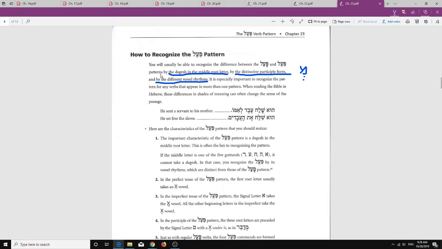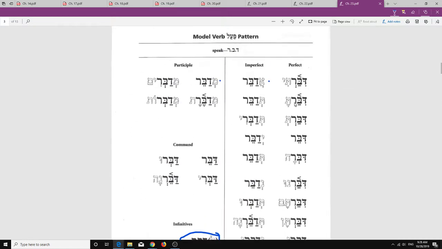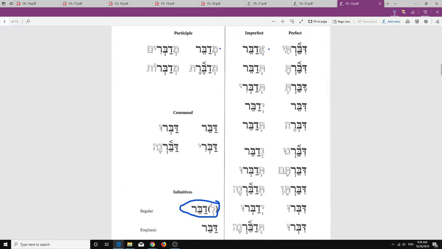Now this is very helpful, but you'll have to train yourself to recognize this vowel rhythm. The way you would do that is by repeating these charts. Okay, so divarti, divarta, divart, diver, divra, divarnu, divartem, divarten, divru. Just repeating that over and over again might sound a little silly, but it actually will help you.